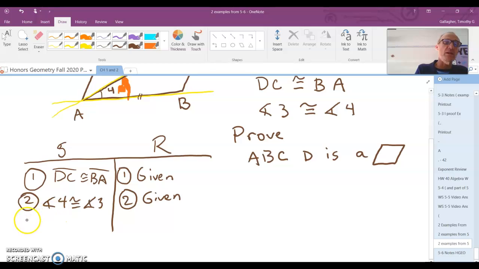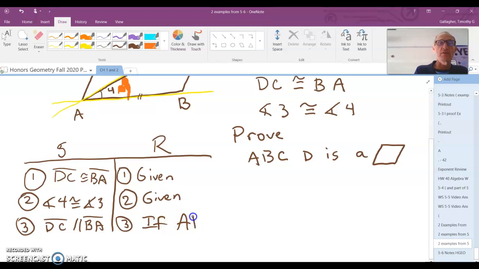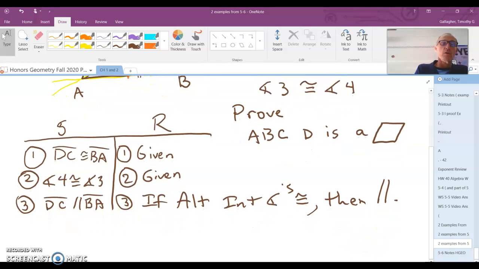And now we can say that DC is parallel to BA, because if the alternate interior angles are congruent, then the two lines are parallel. These two are the alternate interior angles.